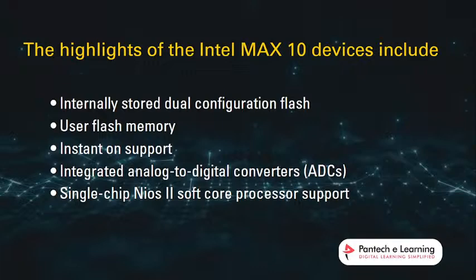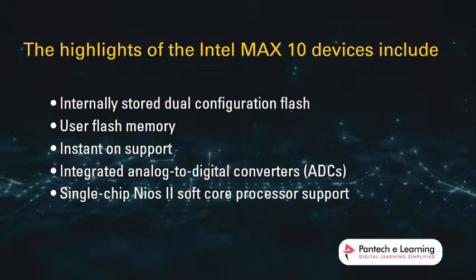Basically, Intel MAX10 has 3 types of memory: CFM, UFM, and secondary memory like SRAM. UFM and CFM are built into the FPGA only.